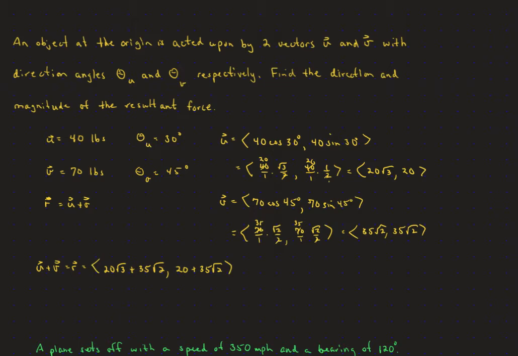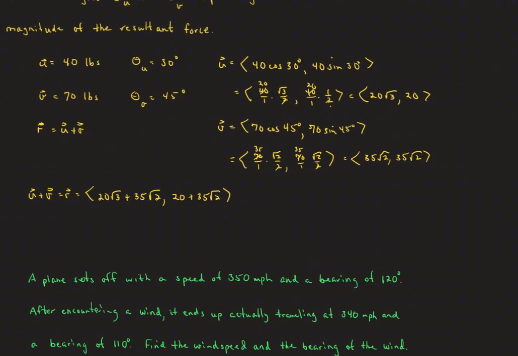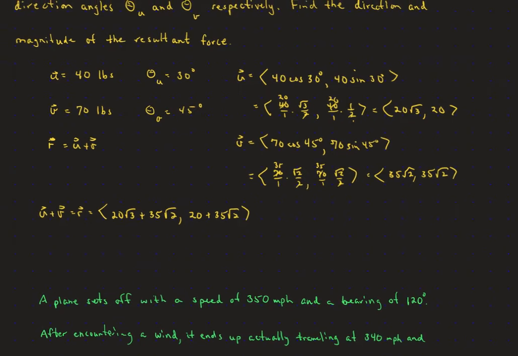To find its magnitude, we want the magnitude and the direction angle. So the magnitude of the vector r, the resultant vector, is going to be the square root of 20 square root of 3 plus 35 square root of 2, squared, plus the 20 plus 35 square root of 2, squared.